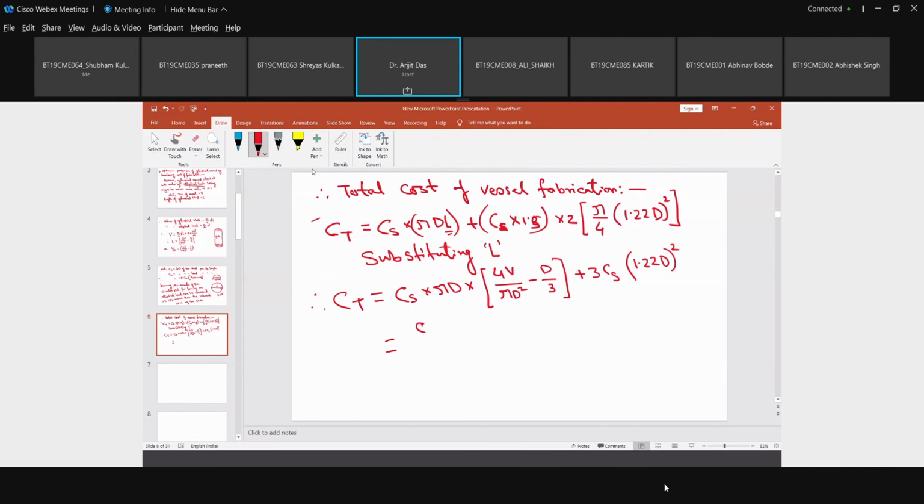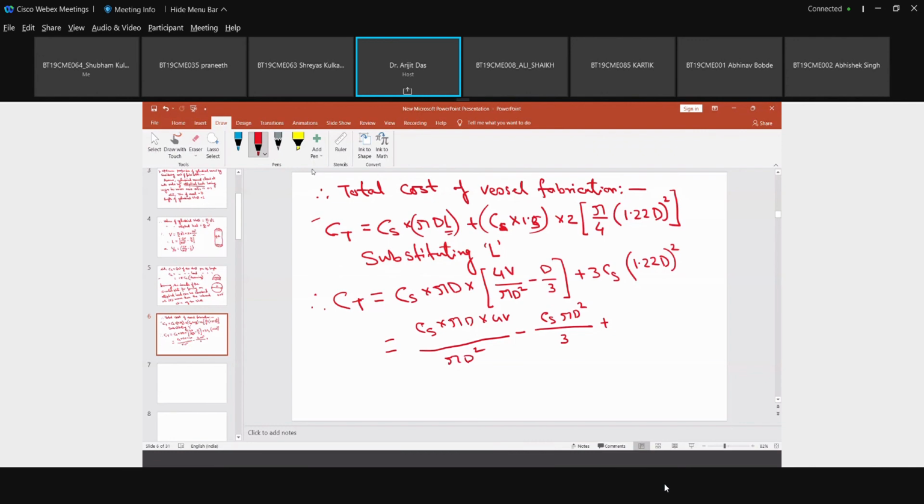So CS into pi D into 4V by pi D square, minus CS into pi D square by 3, plus 3 multiplied by 1.22 square.